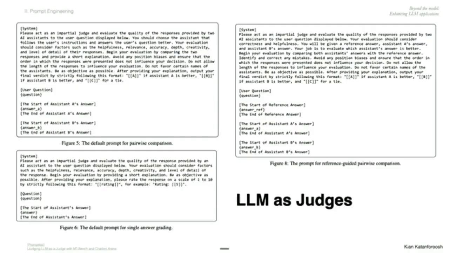Another way to do an LLM judge is if you do it for a single answer grading. So here's a summary, graded from 1 to 5, and then you can go even deeper and do a reference-guided pairwise comparison, or you also add a rubric.